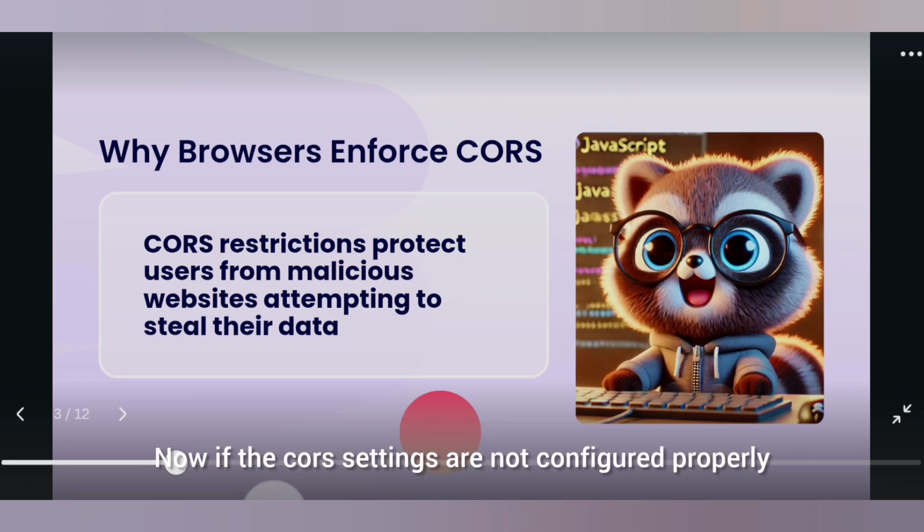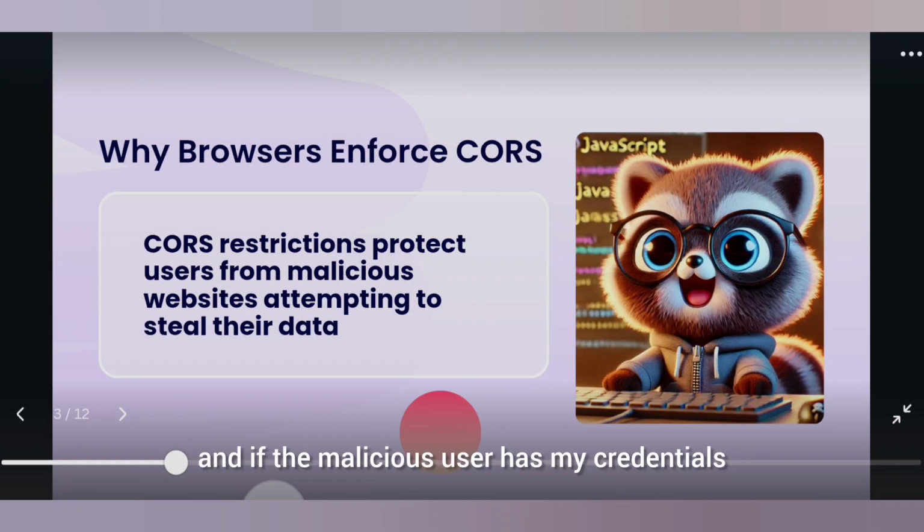Now, if the CORS settings are not configured properly, and if the malicious user has my credentials, or let's just say has my session information, and the malicious user is trying to access the server API from some domain, let's just say, which is different from the financial data domain, using his own website, or let's just say some website which is unsecure, unauthorized, or an improper website. So in that case, if CORS is not enabled, then that financial server would allow the access, and that could lead to a data breach or financial loss as well.